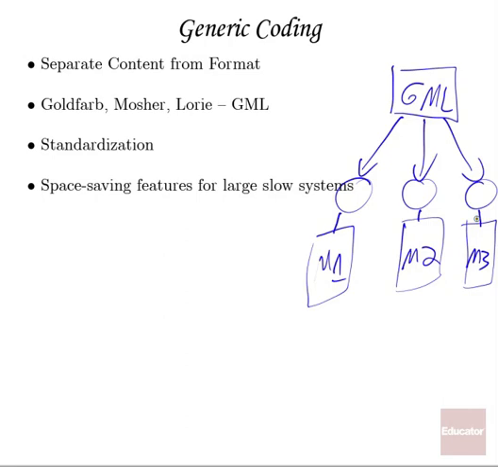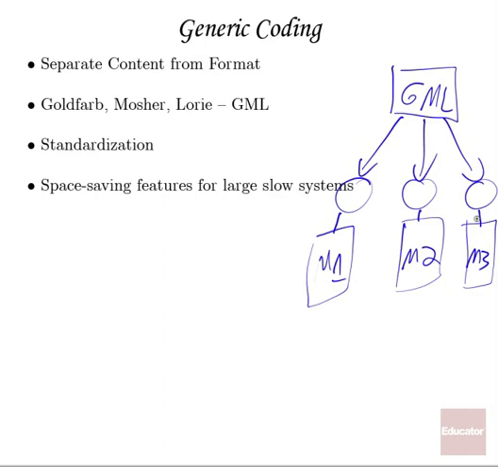This became a very powerful idea, and Goldfarb continued to work with IBM on creating an international standard out of GML, which is where the S in SGML comes from. And this work was completed by the 1980s. There were a lot of space-saving features built into SGML because computers of the 60s, 70s, and 80s were much, much slower and resource poor in terms of storage space than computers today.